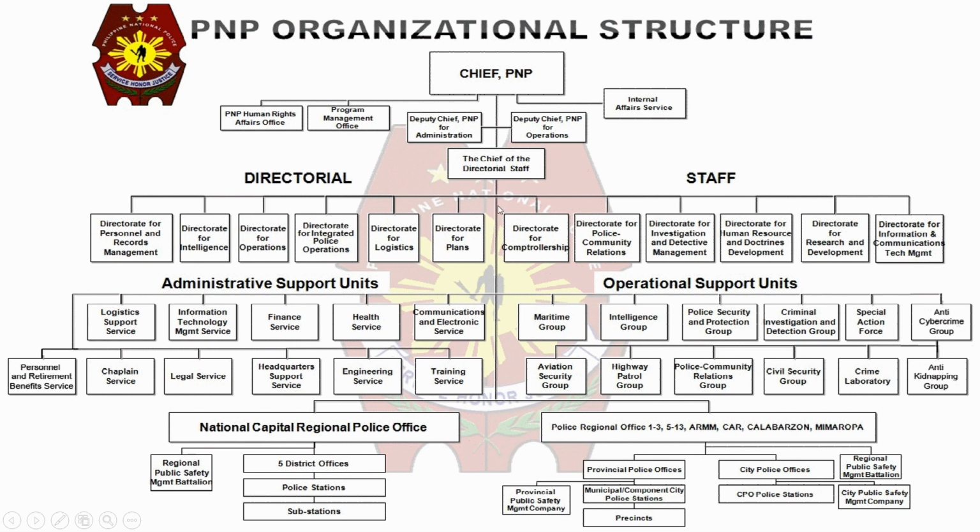It is an unbroken line of authority from the Chief of the PNP, which is the highest rank or position in the Philippine National Police, going down to its lowest positions. That is why it is called a line type of organization. It is functional because it is divided into different units or divisions with specific functions or specializations. That is why the Philippine National Police is a line and staff type of organization.